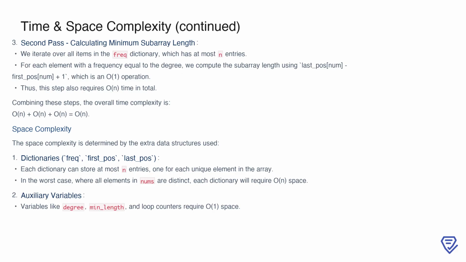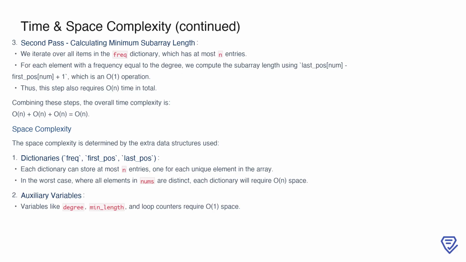Since each of these operations takes O(1) time, the total time complexity for this step is O(n). Combining all these steps, the overall time complexity of our solution becomes O(n) plus O(n) plus O(n), which simplifies to O(n). Turning to space complexity, the main contributors are the three dictionaries: frequency, first_pos, and last_pos.